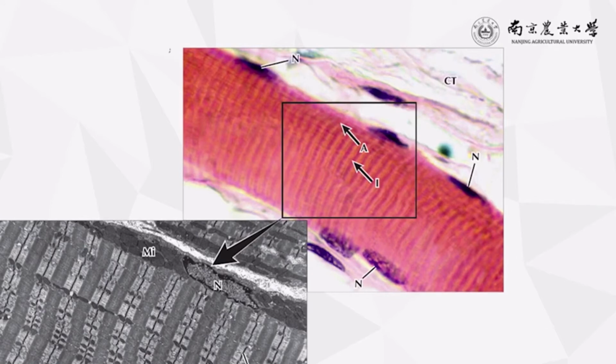The dark stripes correspond to the A bands of myofibrils, whereas the light stripes are the I bands, bisected by very thin Z bands. Several elongated nuclei are located in the peripheral areas of the cell. The surrounding loose connective tissue constitutes the endomysium, which contains nuclei of scanty fibroblasts.